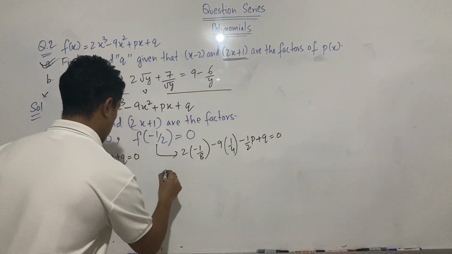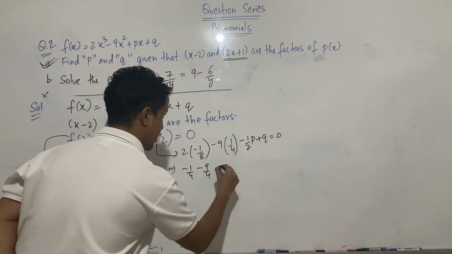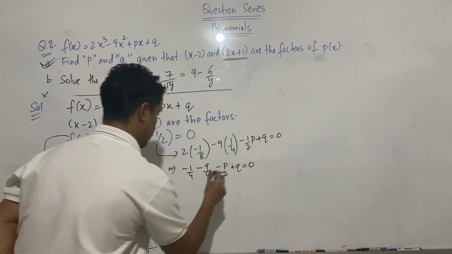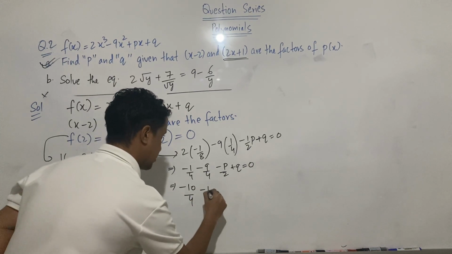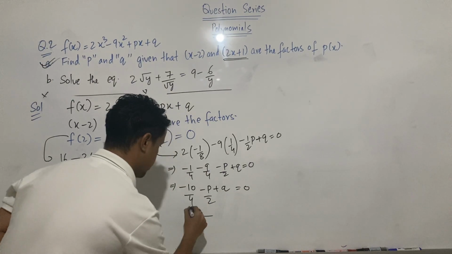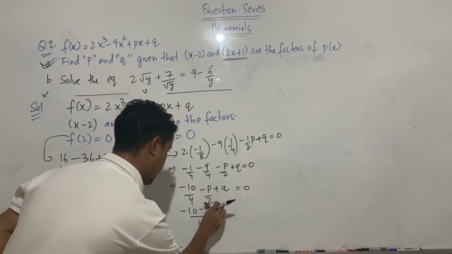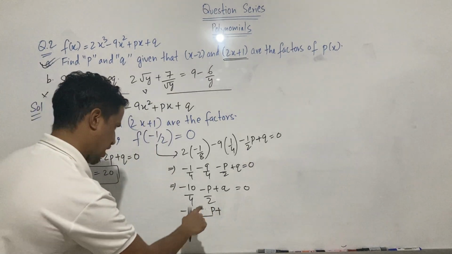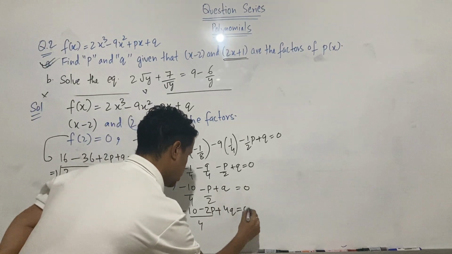So it will be minus 1 by 4 minus 9 by 4 minus p by 2 plus q equals 0, so minus 10 by 4 minus p by 2 plus q equals 0. Multiplying by 4, minus 10 minus 2p plus 4q equals 0.